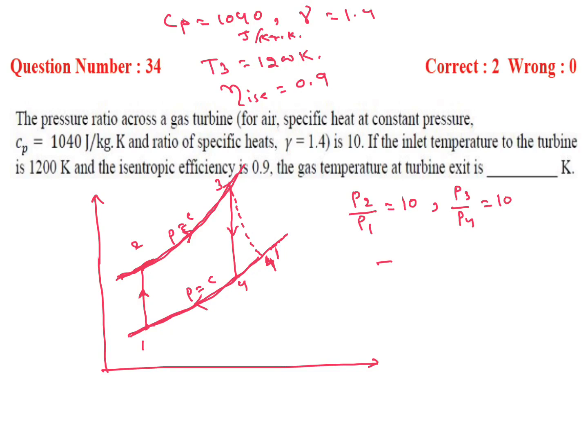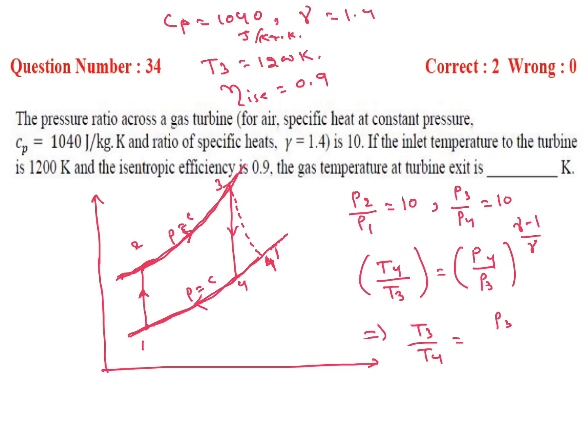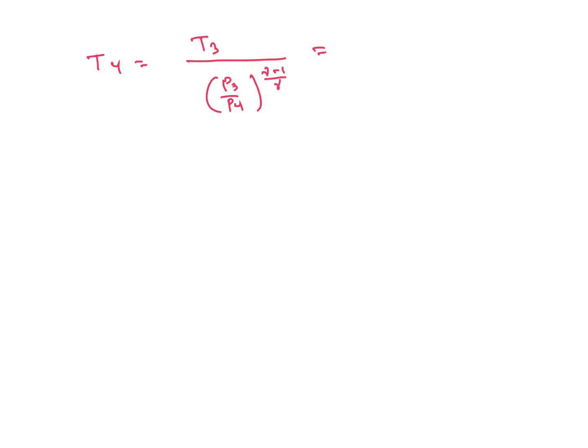So put the formula: T4 by T3 equal to P4 by P3 whole to the power gamma minus 1 by gamma, or we can write it as T3 by T4 equal to P3 by P4 whole to the power gamma minus 1 by gamma. Then put the values.